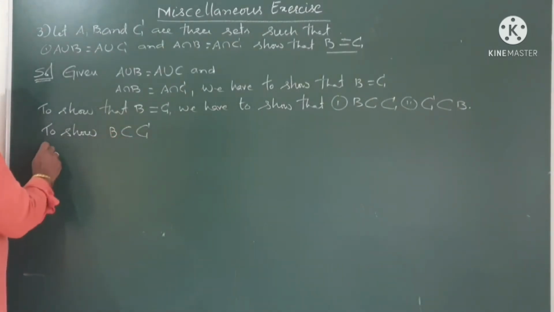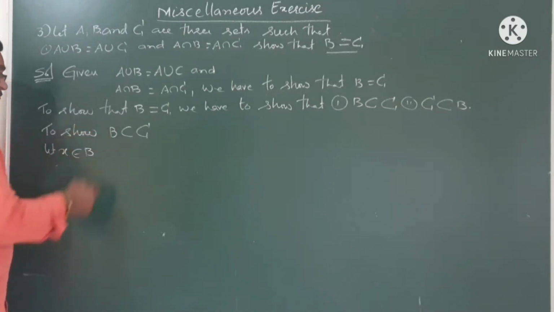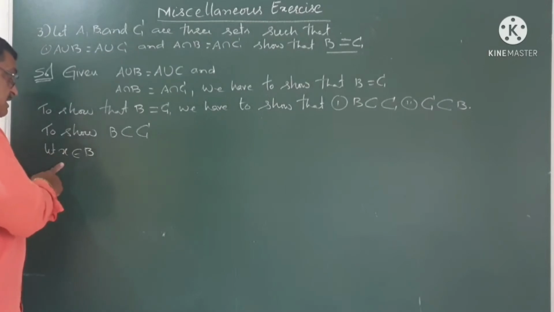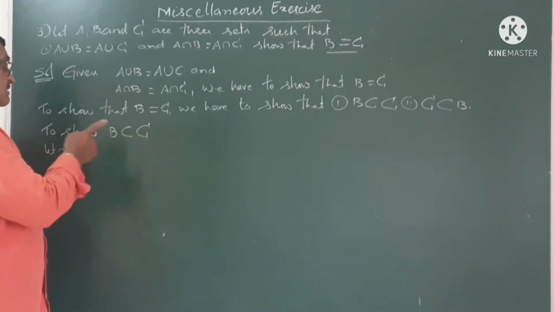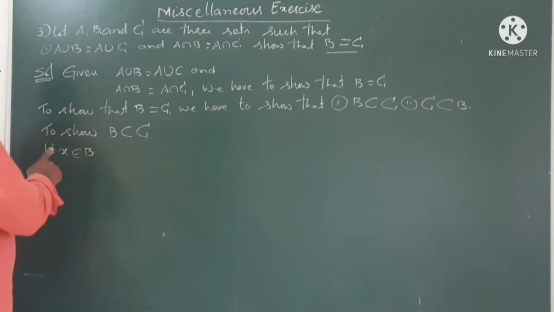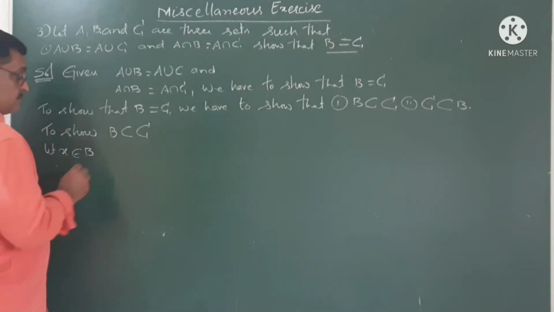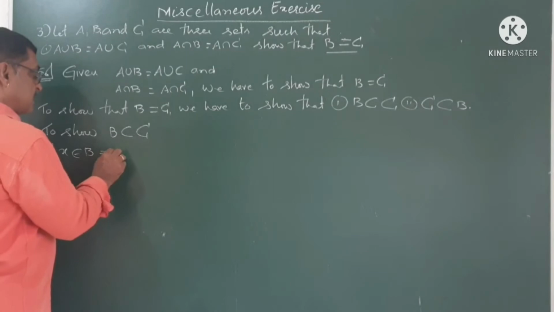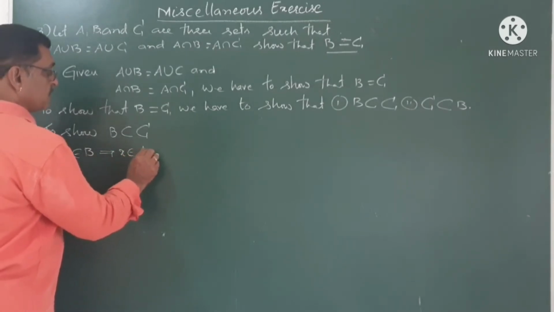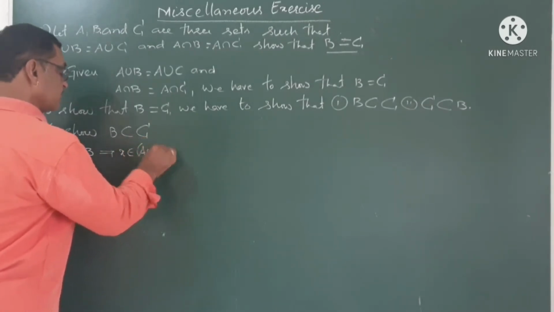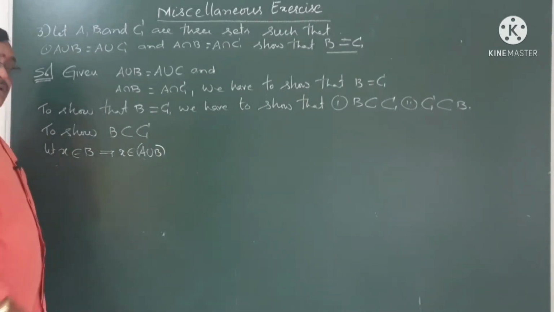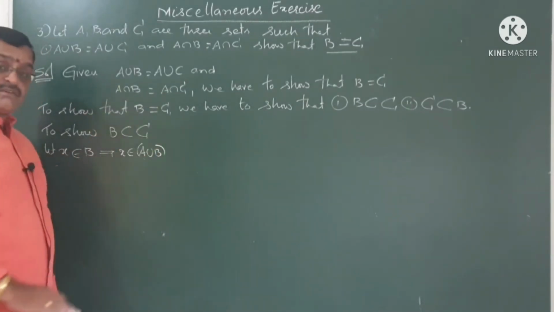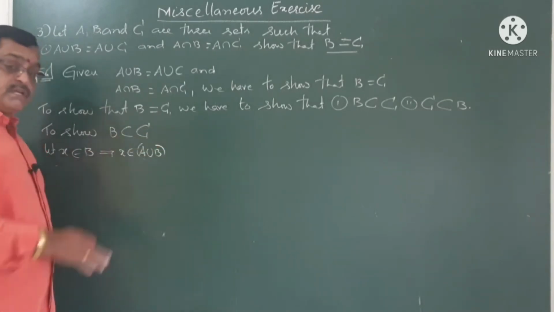So what do I do? Let x belong to B. If you can show that x also belongs to C, then I can conclude that B is a subset of C. Now x belongs to B. Can I write this as x belongs to A union B? Is it possible? When x belongs to B, A can be any set, but x belongs to their union.